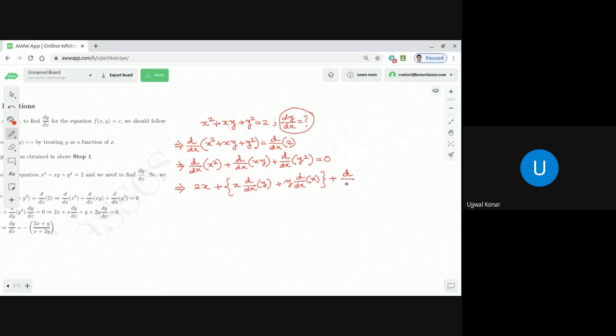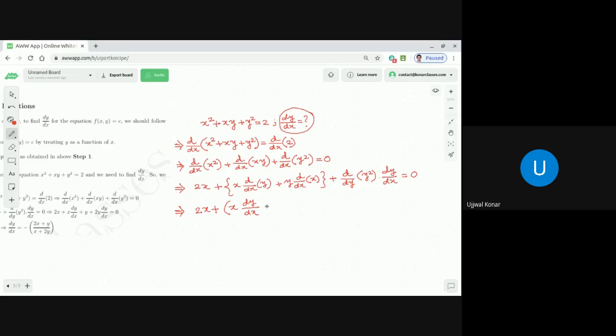So I need to make d/dy of y squared into dy/dx. Mohor, you only said 2y, but you didn't say dy/dx, no? That's why I said that you are almost there, but a few things. Correct, no? Okay, chain rule. So this implies 2x plus, here we are getting x into dy/dx.